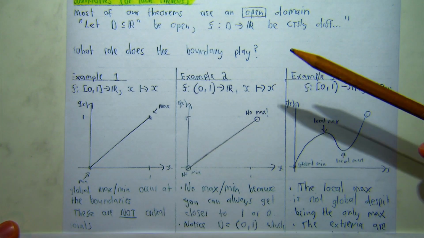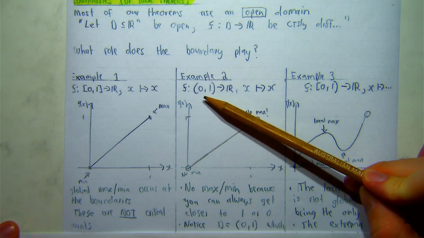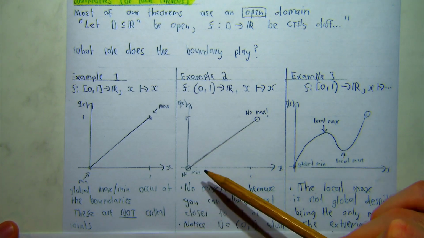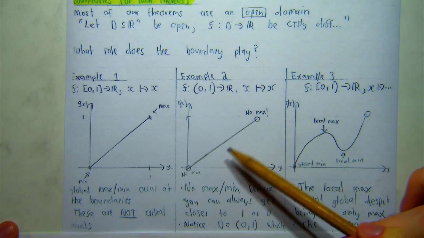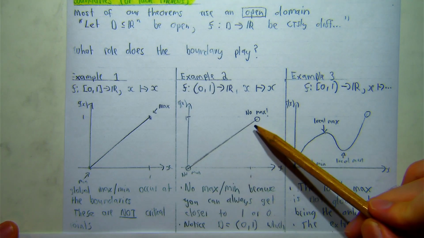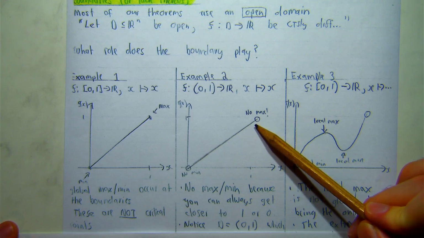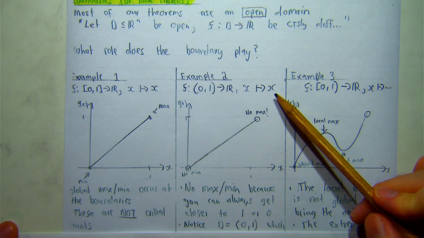Our second example is the same as before, except now we've confiscated those boundaries. 0 and 1 are no longer included in our domain. And in these cases, there's no min or max at these endpoints. And you can recognize this because as you get closer and closer to 1, you will always increase your objective function.